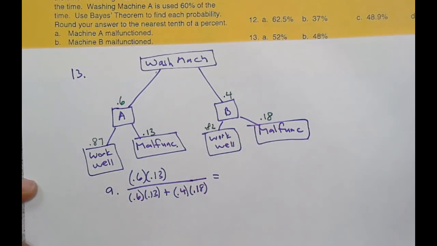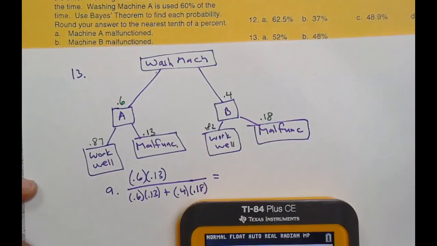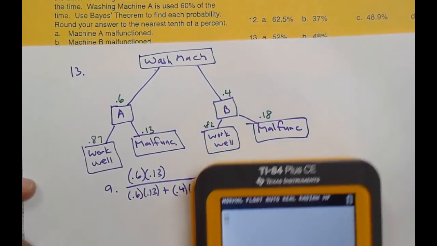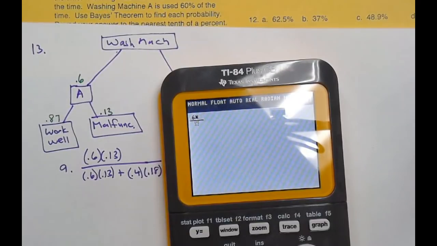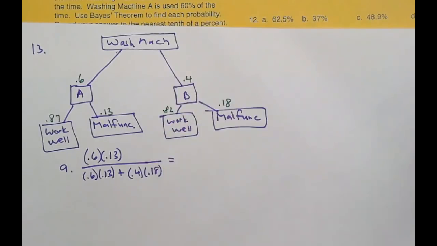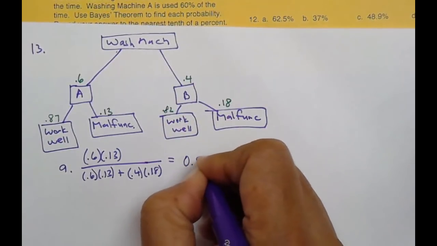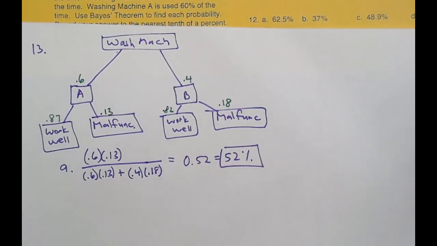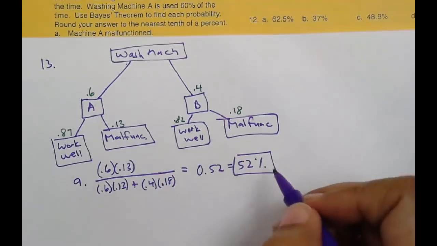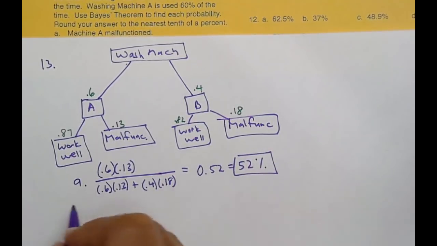All right, let's go ahead and put that into the calculator. So we have 0.6 times 0.13, and then we have 0.6 times 0.13 plus 0.4 times 0.18. That gets us 0.52, and that's 52%. Let's say as nearest tenth, you can put 0.0 if you want after the 52.